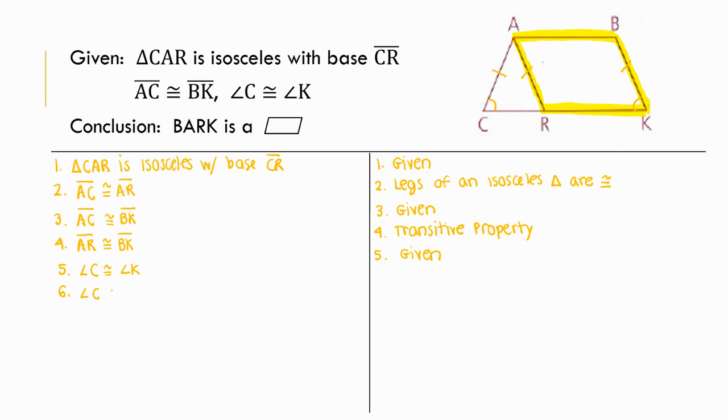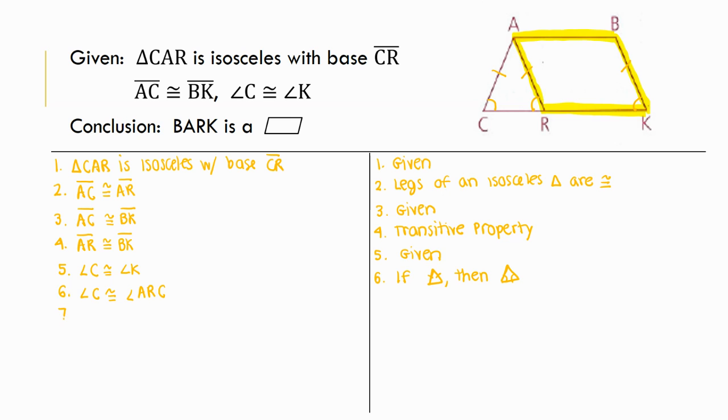Remember, I can say that angle C is congruent to angle, and now I have to be careful, I have to use 3 letters, ARC, and that's because if I've got two sides congruent in that triangle, then the two angles directly across from them are congruent. And since angle C is already marked with that one marking, I get to mark angle ARC with the same marking.